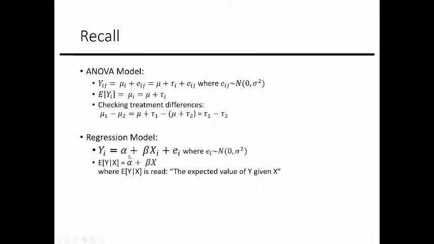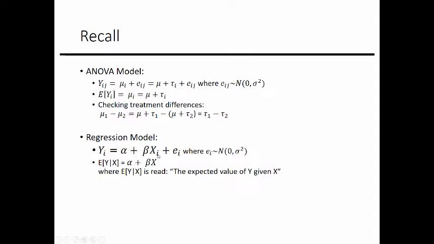And then with the regression model, similar setup, only now it looks like the standard equation of a line that we've seen, probably since 8th grade. So my y sub i, for pair i, where y and x are paired or linked, is equal to alpha plus beta, my slope or the effect of my covariate, x sub i, plus my e sub i. And again, these e sub i's are assumed to be normally distributed with a mean of 0 and a variance of sigma squared.